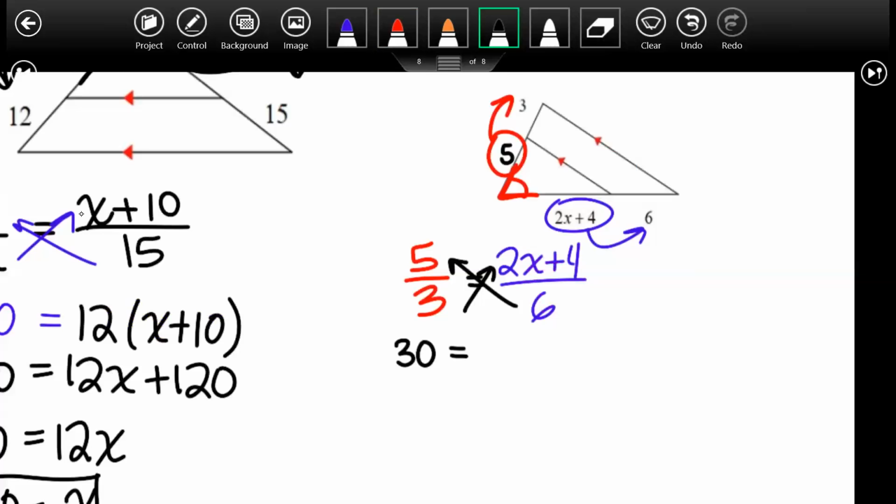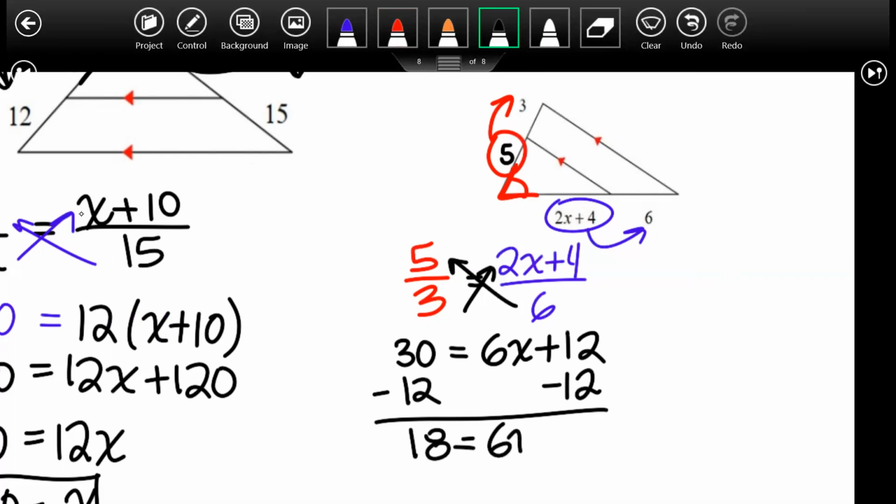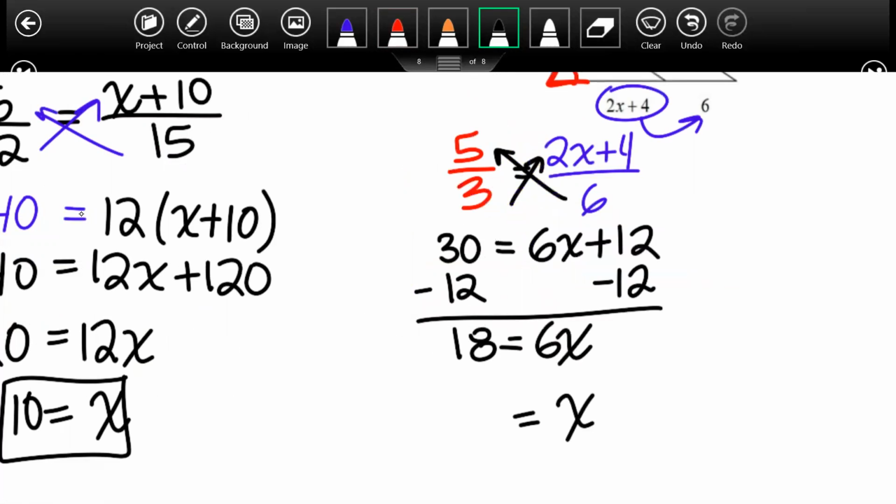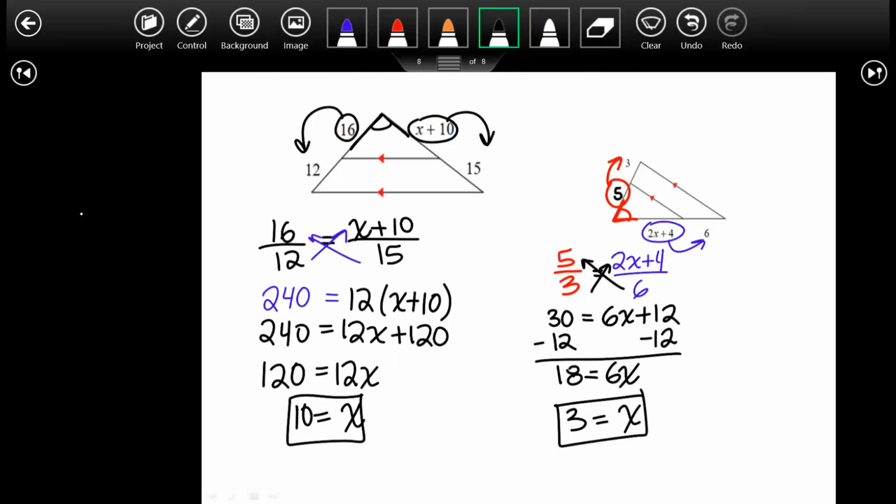I'm going to do this in one fell swoop as well. Here we go.